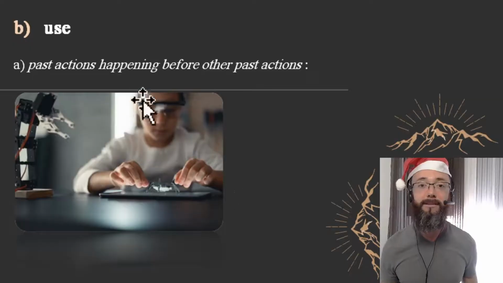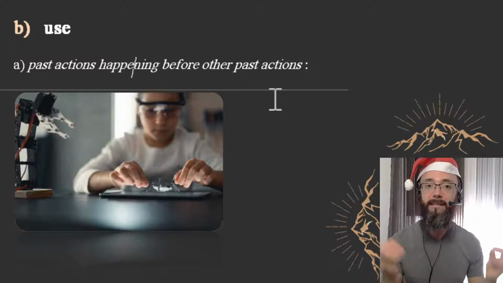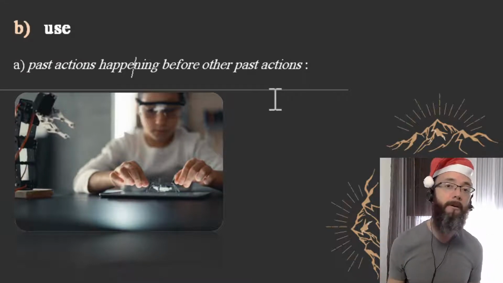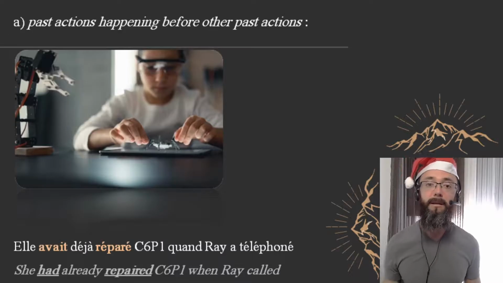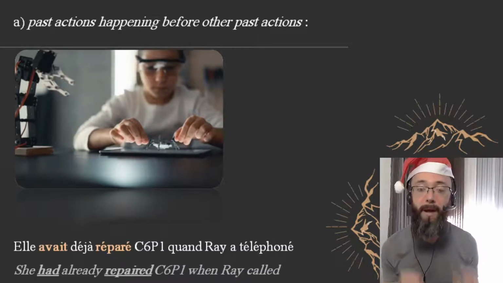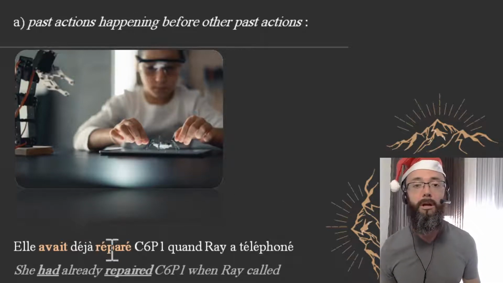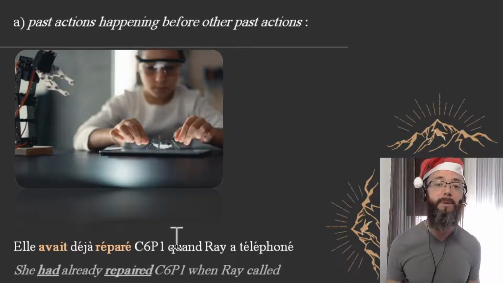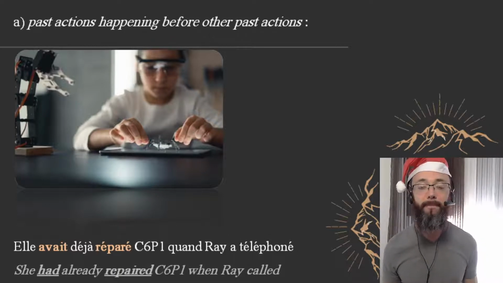And it all starts with the first example, past actions happening before other past actions. The example is, she had already repaired C6P1 when Ray called. Elle avait déjà réparé C6P1 quand Ray a téléphoné.